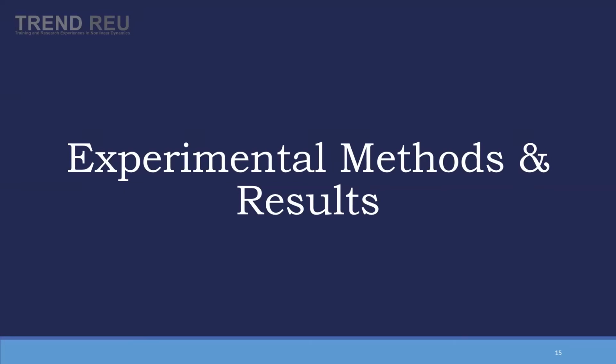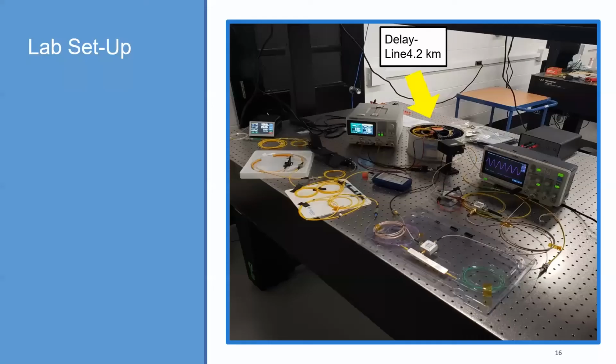All right, so for our experimental methods and results, this is the lab setup. As you can see, there's the delay line. It's a delay spool 4.2 kilometers long. So we started with a laser, again, 1550 nanometer wavelength, and we set it to 100 milliamps.